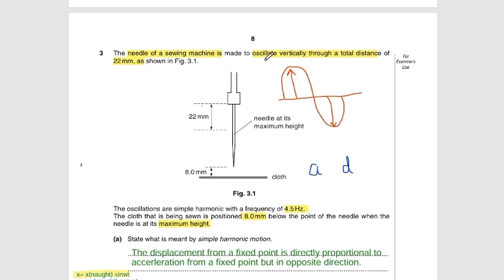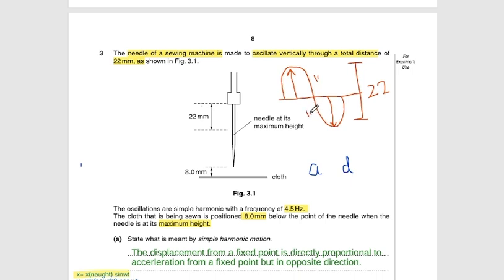They say it is oscillating vertically through a total distance of 22 millimeter. That means the wave started from equilibrium, it went up and then it went down, and this entire distance was 22. If this entire distance was 22, how about this one? That means if I divide this by 2, I will get 11.